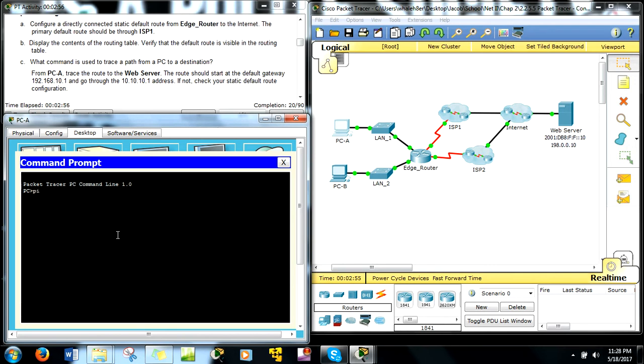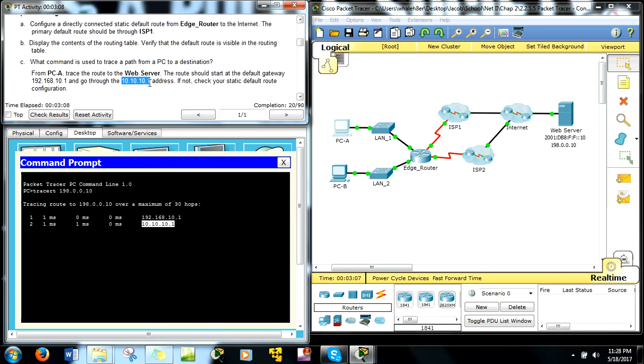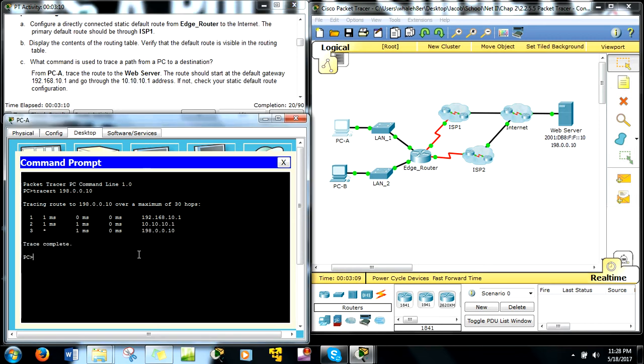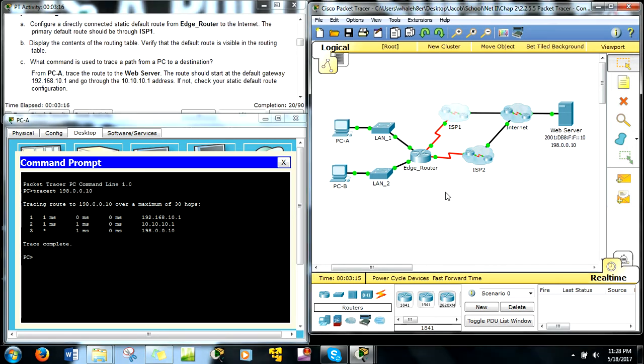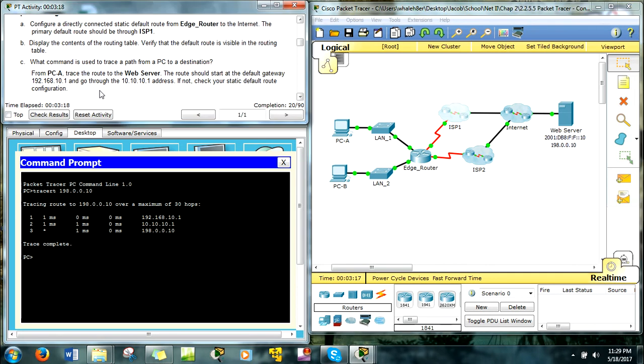You've got to read English. Enter. So yes, it did go through that one, and we got to our final destination. There we go. So we got connectivity going through this side of the router out to the internet.